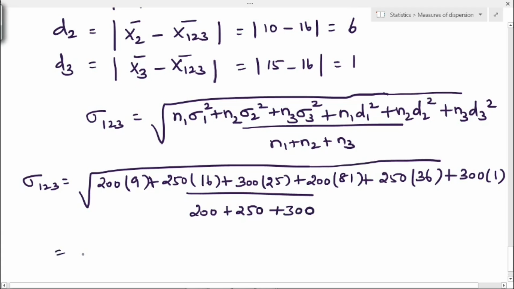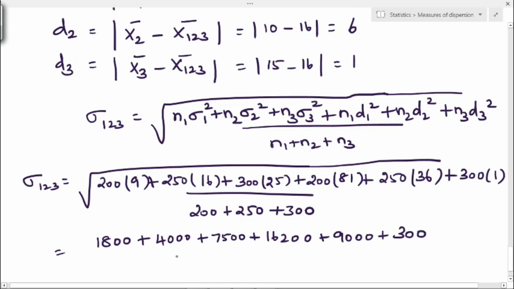So multiply and add all the values. First 200 into 9, 1800, plus 250 into 16, that is 4000, plus 300 into 25, that is 7500, plus 200 into 81, 16,200, plus 250 into 36, 9000, plus 300 into 1, that is 300, divided by, if you add all these values, you will get 750.